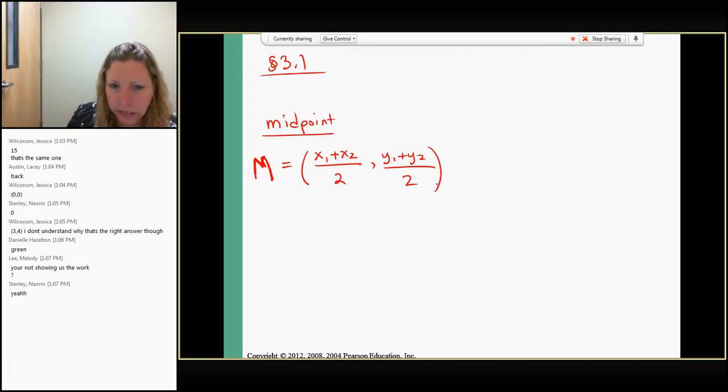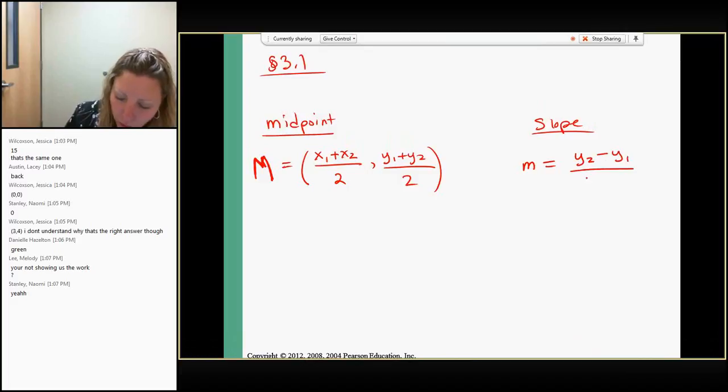Now, Lacey asked a different question, which we're going to get to today, and it's called the slope. The slope is little m, and that's just standard across the board. You always do little m, and then it's going to be y sub 2 minus y sub 1 over x sub 2 minus x sub 1, and that is what we're going to do today in class.